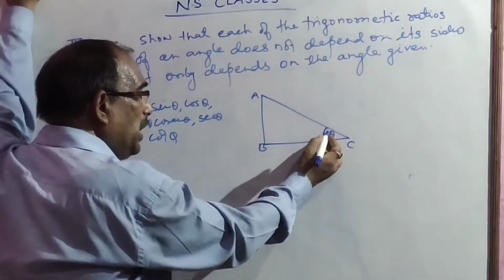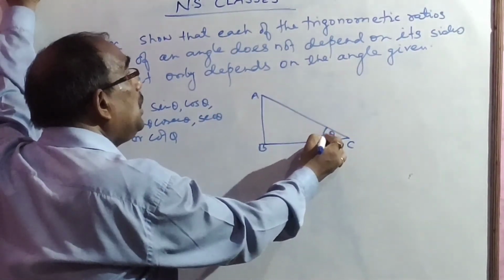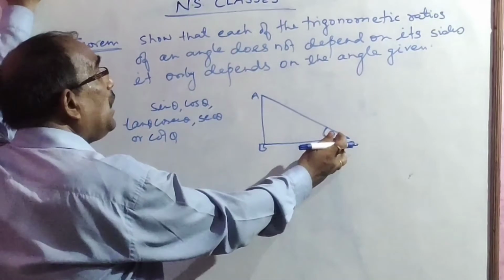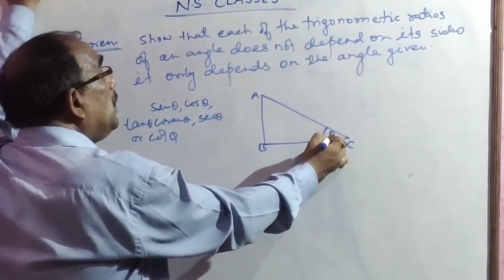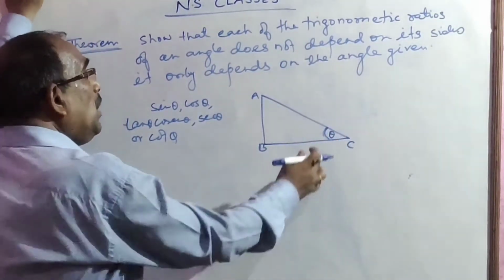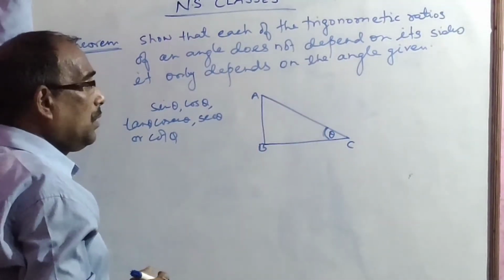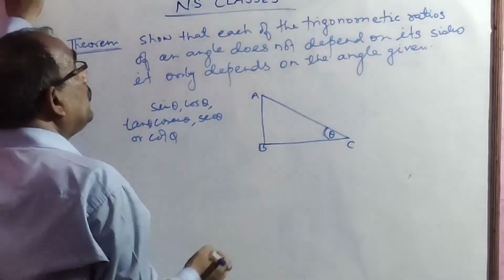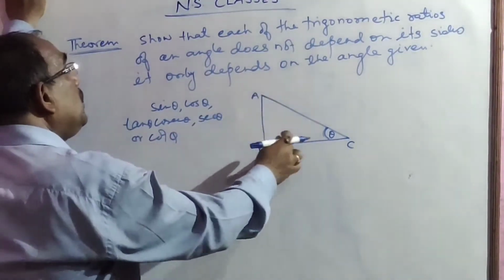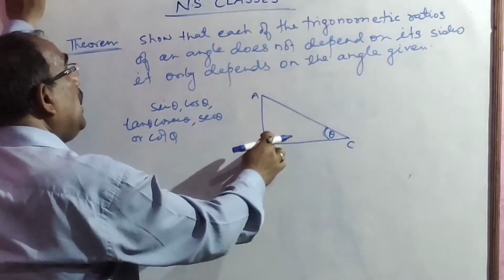One more thing is there, that if this acute angle changes, then the value of the trigonometric ratios will change. How? Let ABC be a triangle.